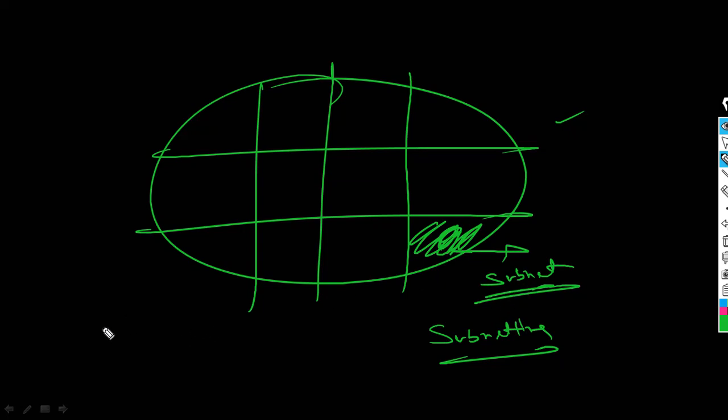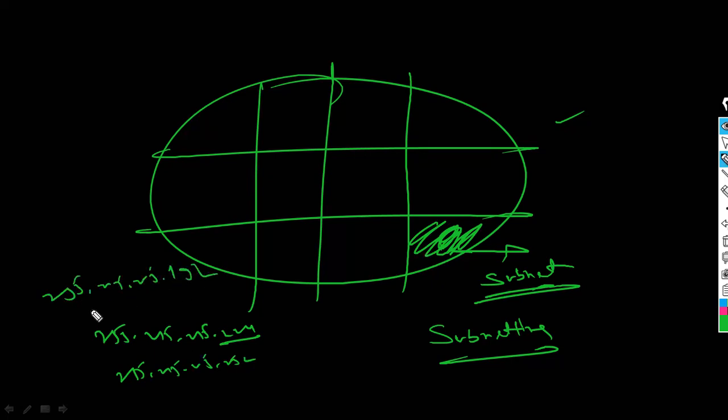So when we divide a network and do subnetting, what happens? The subnet mask would never be the same then, right? You may find a subnet mask like 224, maybe 255.255.255.252, maybe subnet mask 255.255.255.192, right? Not of any class even. Yes, we see these subnet masks over the internet.